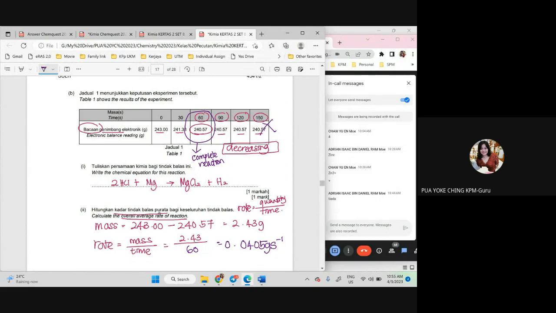Then I want to ask, kalau soalan ni dia tanya, why reading remain constant after 60 seconds? Okay. Kenapa remain constant after 60 seconds?